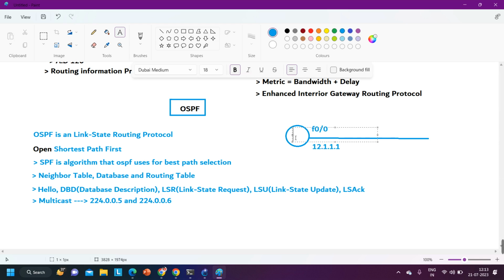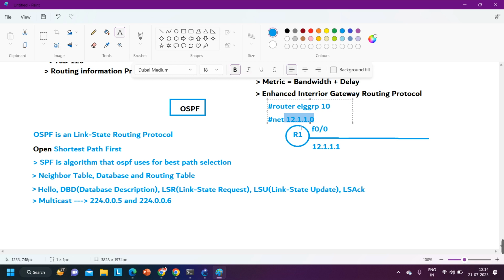Now if I run a command here, router EIGRP, let's say AS number 10, and then network 12.1.1.0, the router will check on which interface this network is running. So this network is running on F0/0.